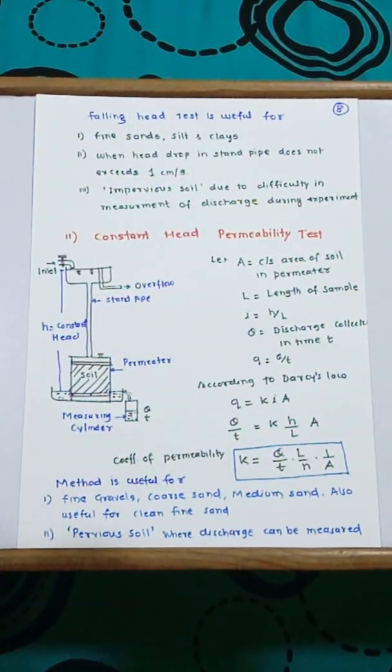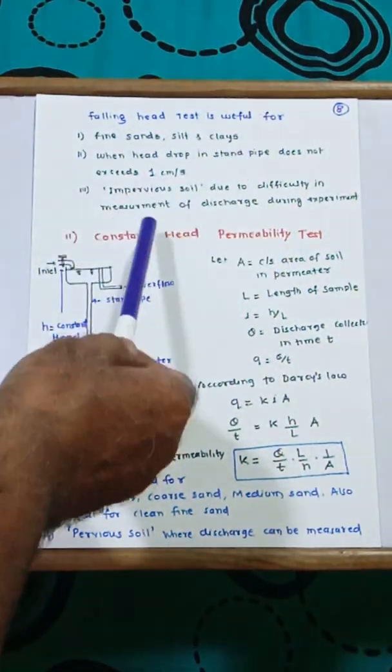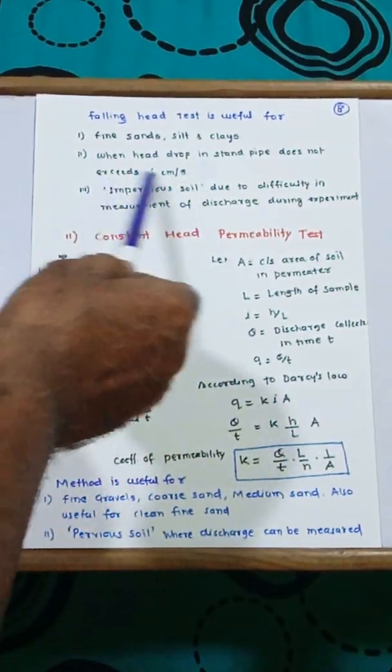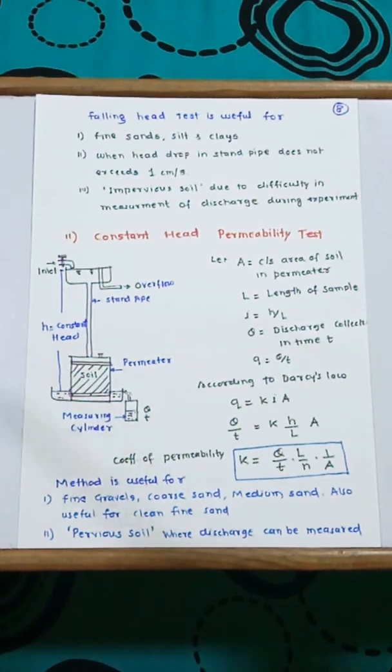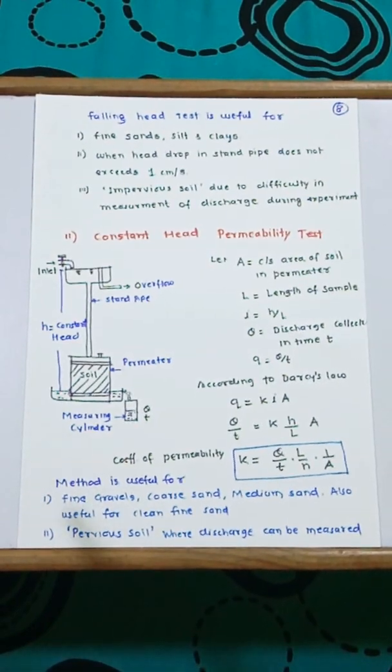IS standards. So this test is basically used when we call it a soil, particularly as impervious, I put in apostrophe. After certain values, say less than 10^-6 or 10^-8 centimeter per second, it is an impervious soil.